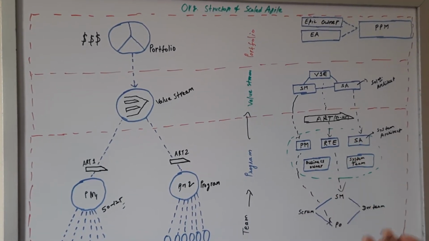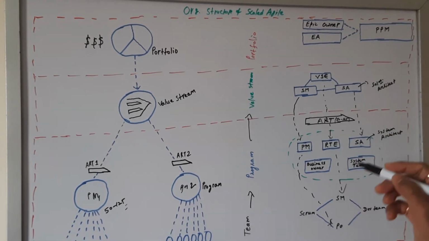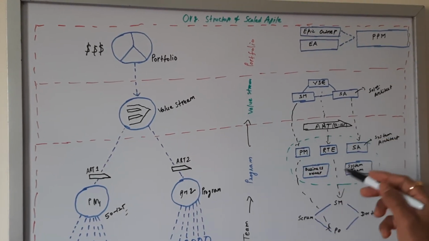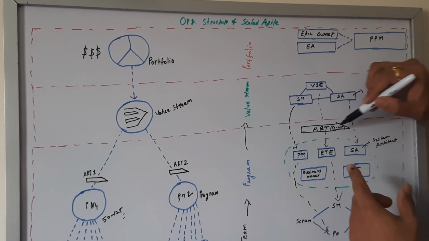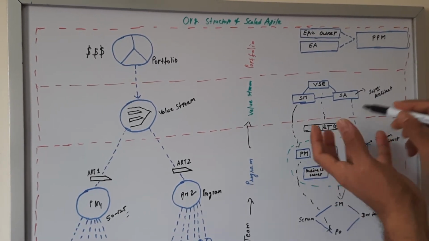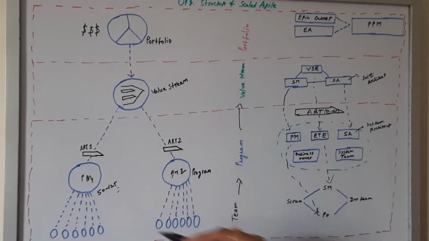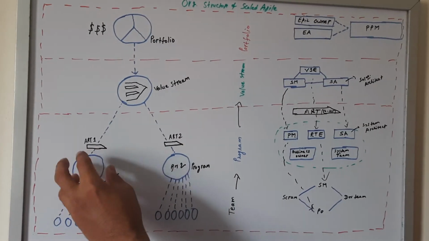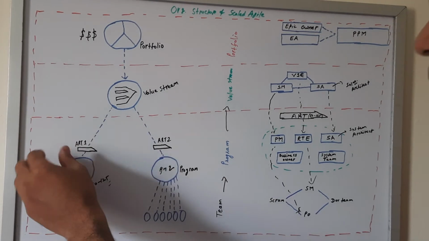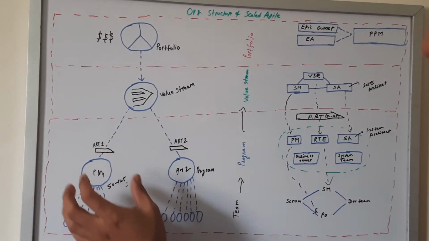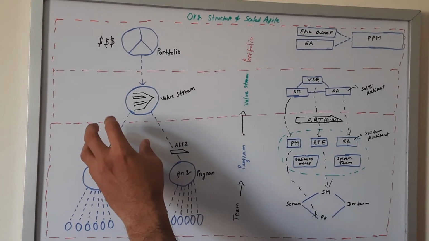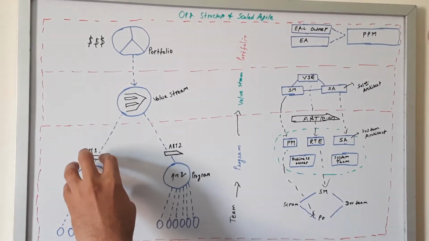Okay, as I said, this is the program level, and earlier we used the word ART, Agile Release Train. The solution which we deliver at each program level, for program 1, the delivery is known as ART1. So this is the Agile Release Train for one program level.